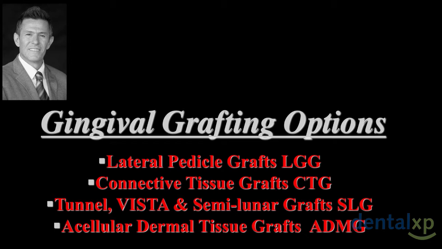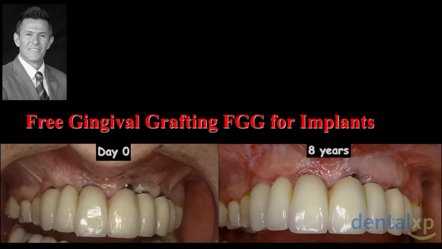And then today we have different variations of coronally advanced flap techniques, whether it's tunnel, VISTA, or semilunar. We've certainly heard of new ones over the last several years. And then when, and should we, use acellular dermal tissue? How does it compare to autogenous tissue? If we can do that over the next several minutes that I have with you, that certainly would be what I want to achieve.